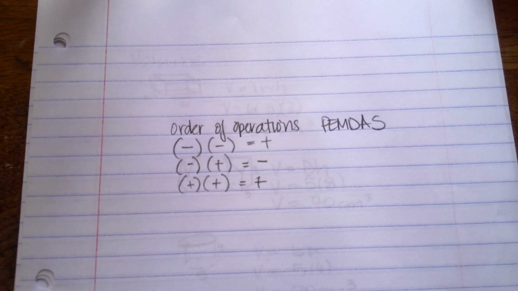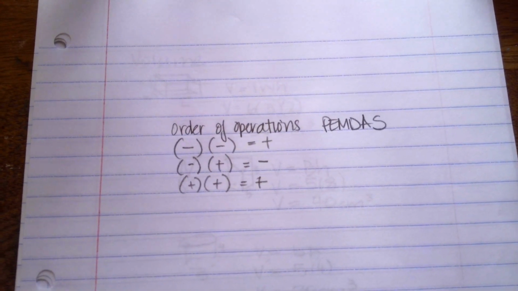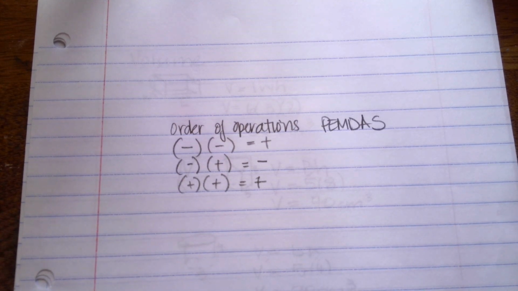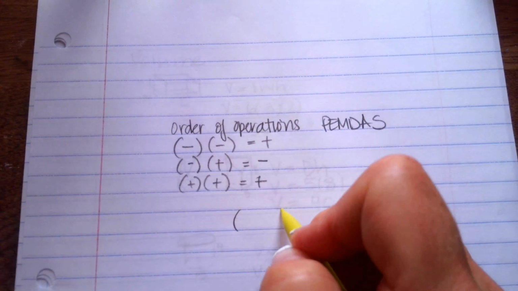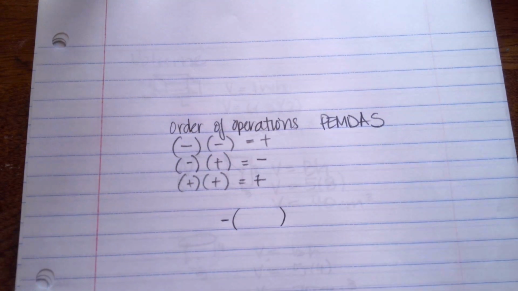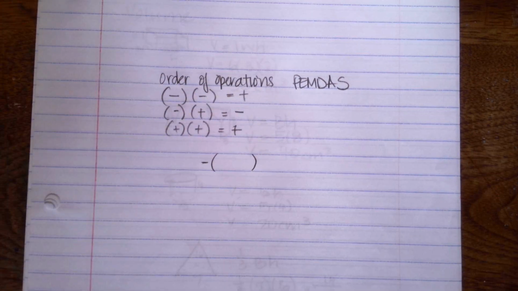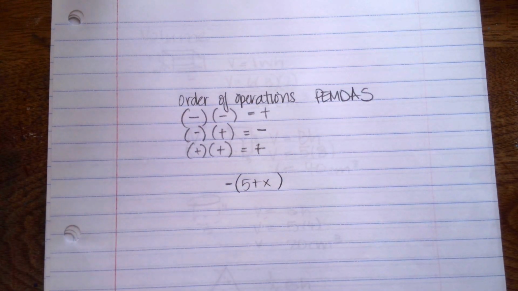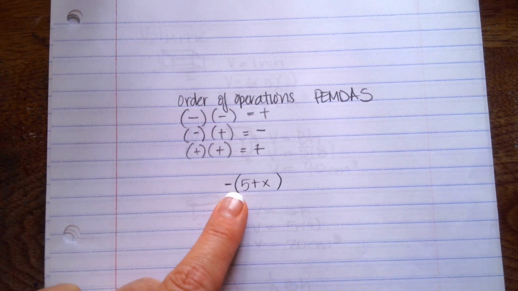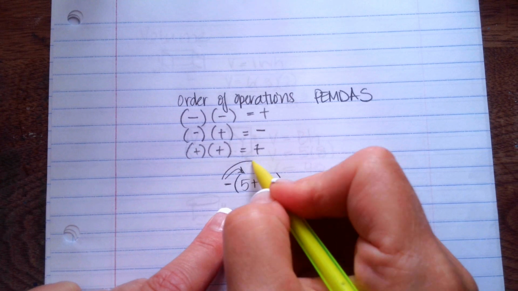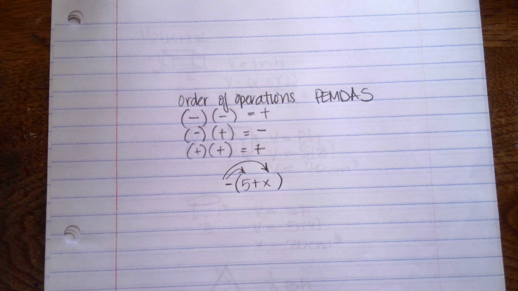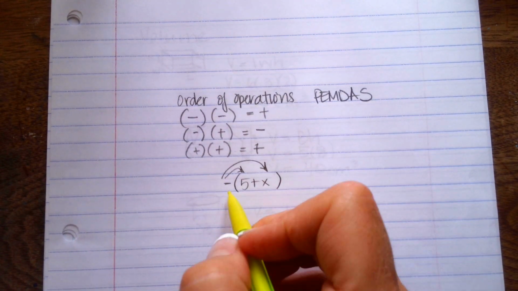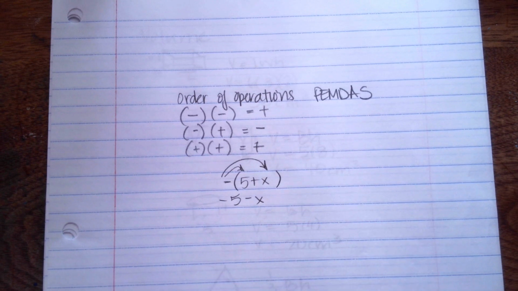So when we are doing algebra for positive and negative numbers, it starts to get really tricky. And a few things to remember: if I have a negative sign outside of my parentheses, then this negative sign, because it's touching the parentheses, has to get distributed to here and to here. So this would make this -5 minus x.